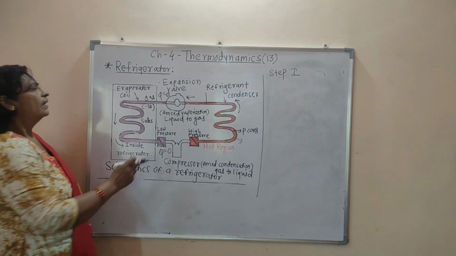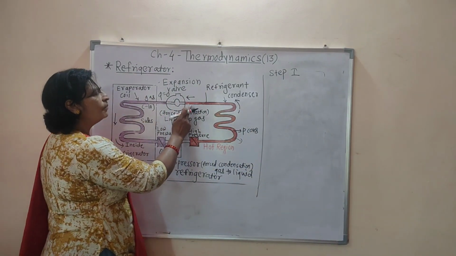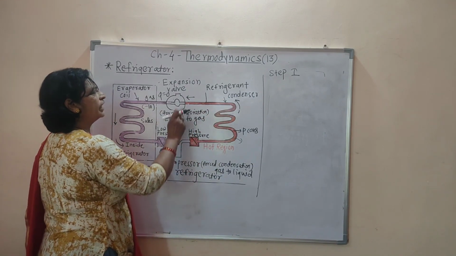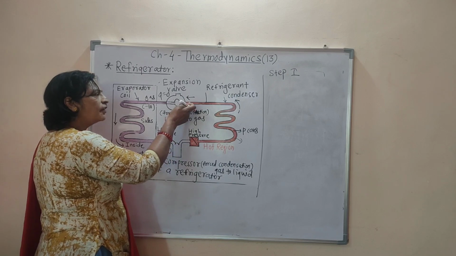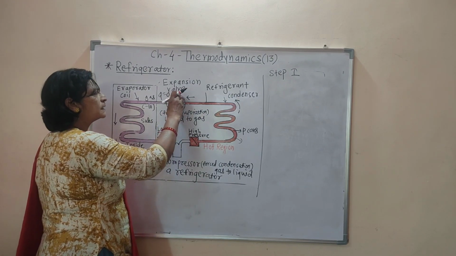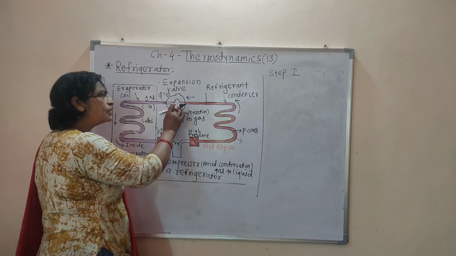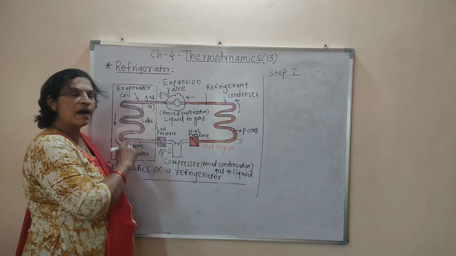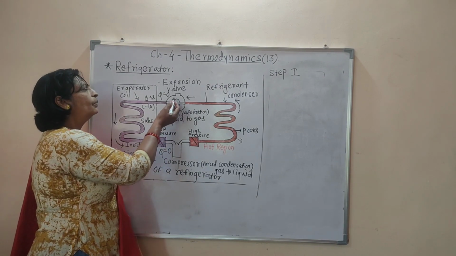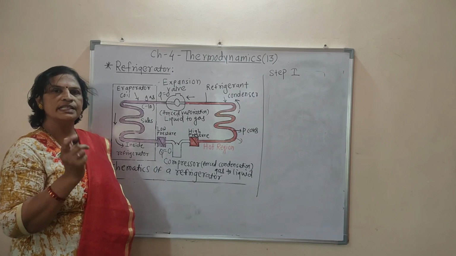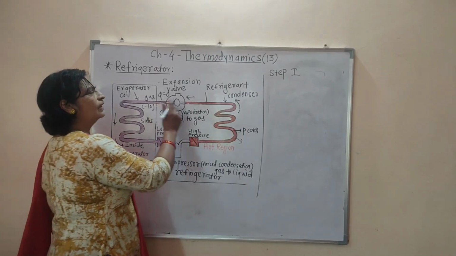Just now I told you the refrigerant is in liquid form in the hot region. When this liquid refrigerant enters through this expansion valve, through this nozzle, at that time it expands, and in that case no heat enters or leaves the system, so Q is equal to 0.